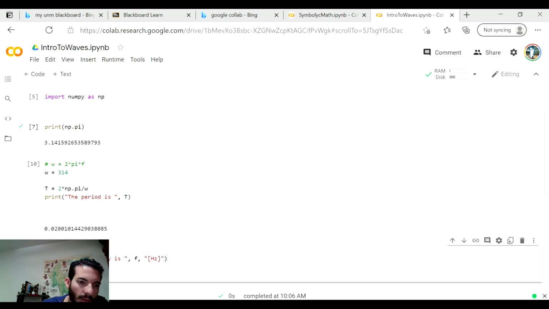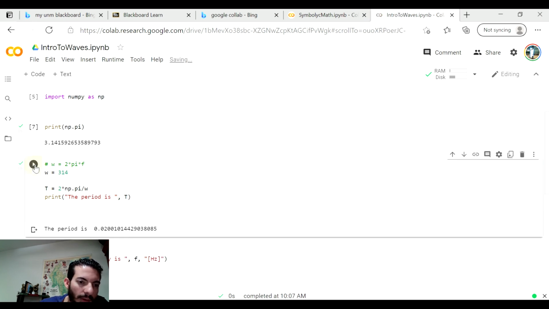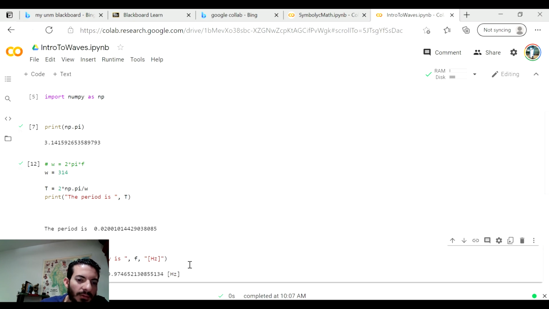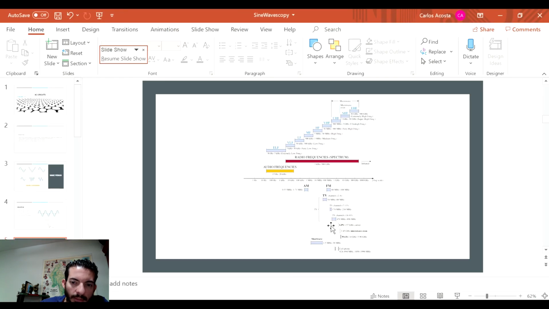Quotation marks are for the comments when you print something. The period is, and the frequency is 50 hertz. Okay, that's good. Going back to the problem here.